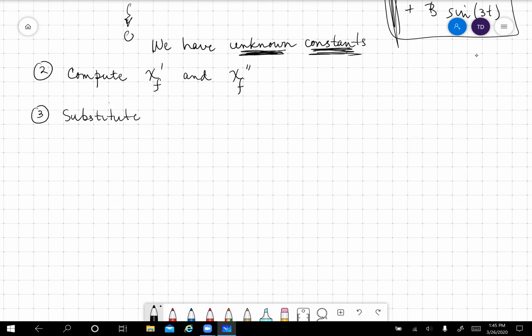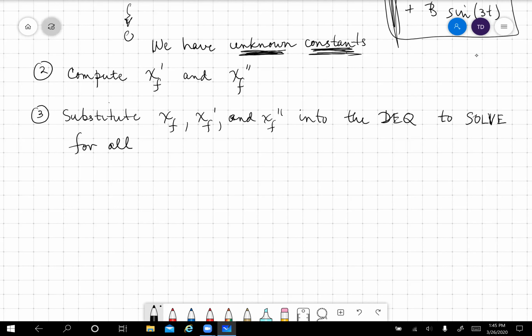Then we substitute all 3 of those, xf, xf prime, and xf double prime, into the differential equation. And we don't just substitute them in there for nothing. We substitute them in there to solve for all unknown constants in x of f.